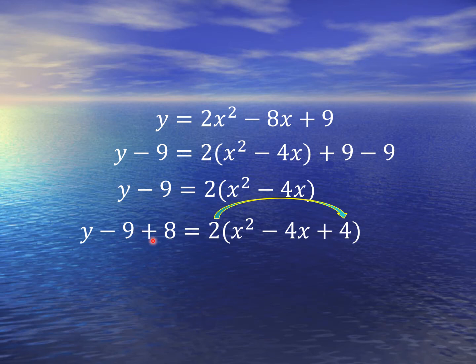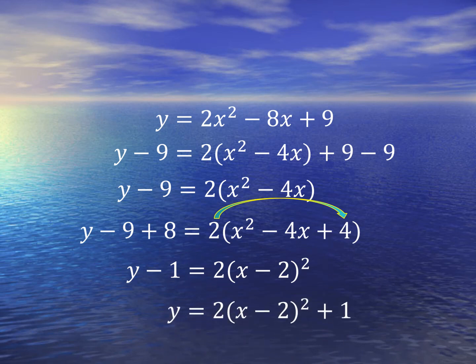So negative 9 plus 8 is equal to negative 1. So y minus 1, and then rewriting this one, it is equal to x minus 2 squared. Then transpose negative 1 to the other side. So the final answer would be y equals 2 times x minus 2 squared plus 1.